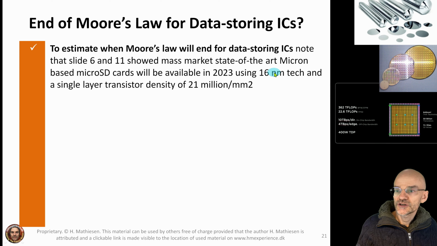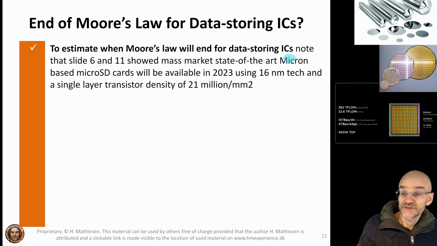I'm not sure quite why, but my best guess is that there are further complications building data storing ICs that might mean that it will take longer to get the nanometer tech minimized for these circuits. But I don't believe that reason. I think the most important reason is that there's the most money in using the very, very latest nanometer tech for producing data processing ICs, because they go into computers and iPhones and so forth.